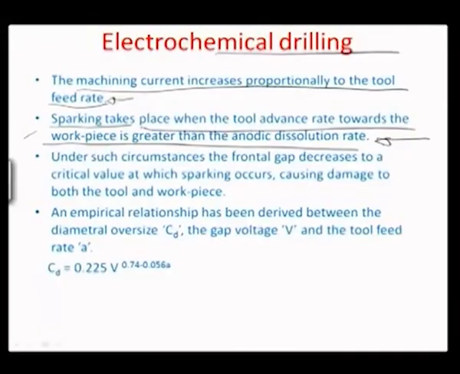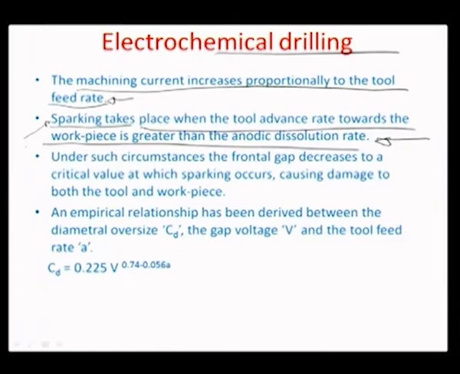So, the field is so high that it boils off the electrons from these small hills and valleys, and that results in sparking. So, you have a tendency of sparking, particularly at a higher tool advance rate, where this rate is much more than the dissolution rate of the workpiece.